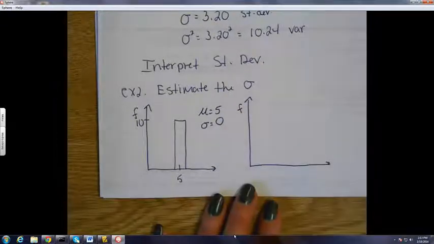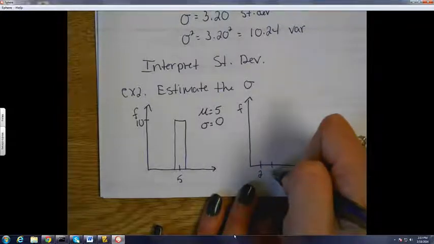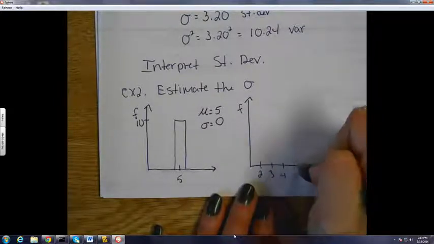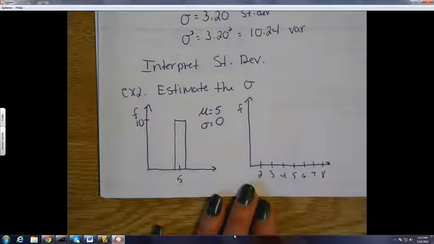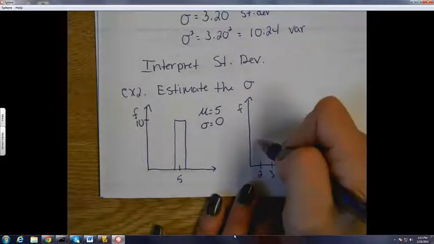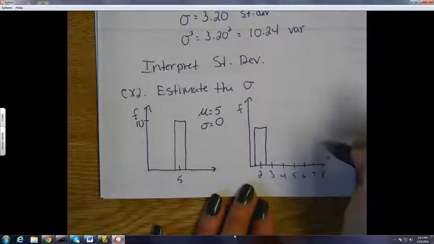Let's go for another one here. Let's go with 2, 3, 4, 5, 6, 7, and 8. Let's say I have a few 2s and the same amount of 8s.